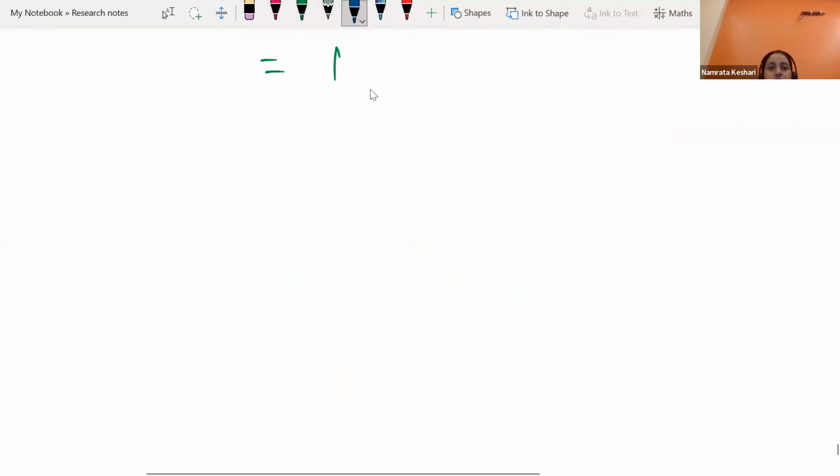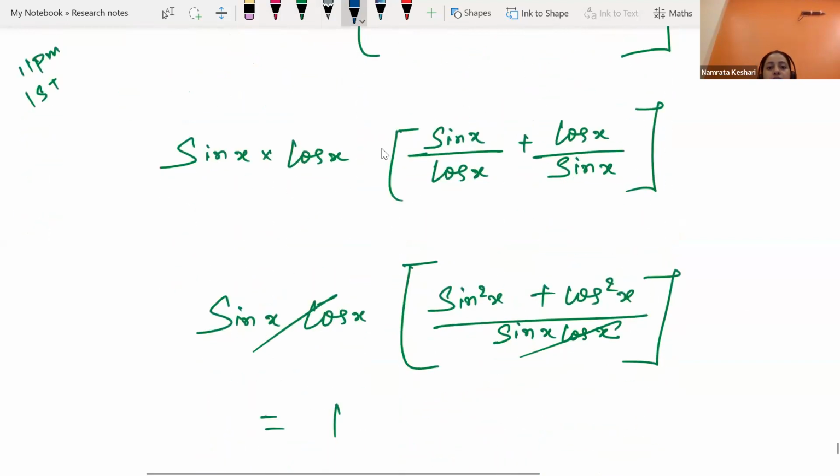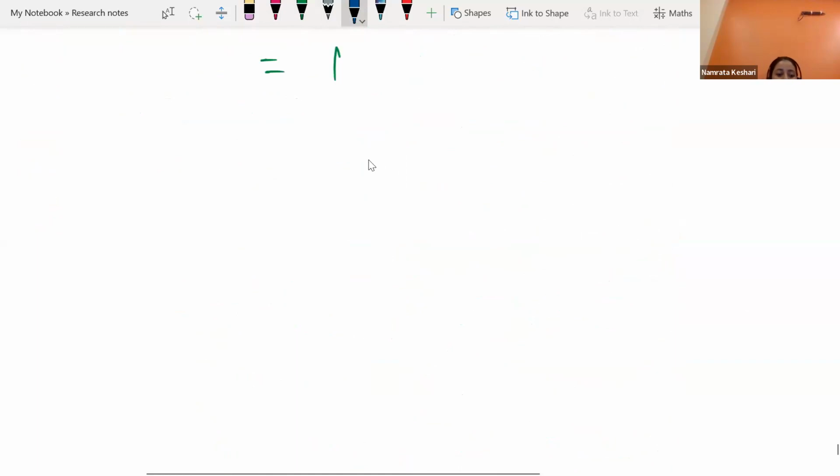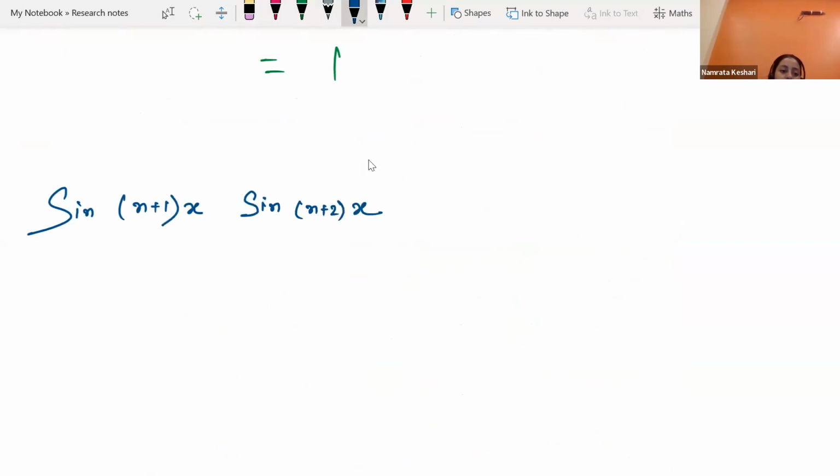Next question. Have you noted it? Yes, ma'am. Let's continue. We are having the next question that is sin(n+1)x sin(n+2)x plus cos(n+1)x cos(n+2)x is equal to cos x.